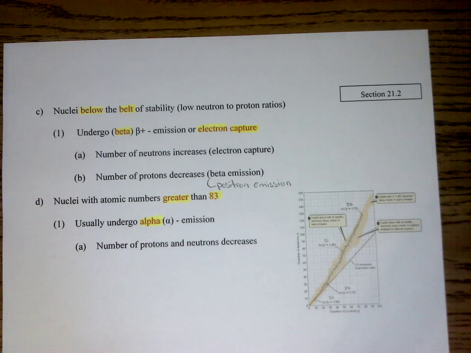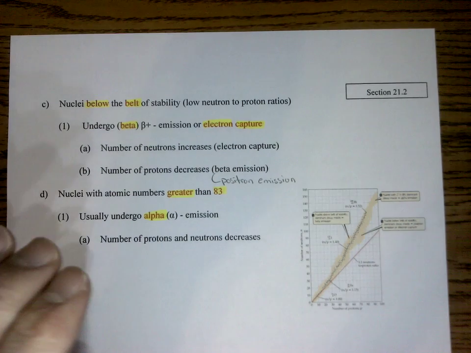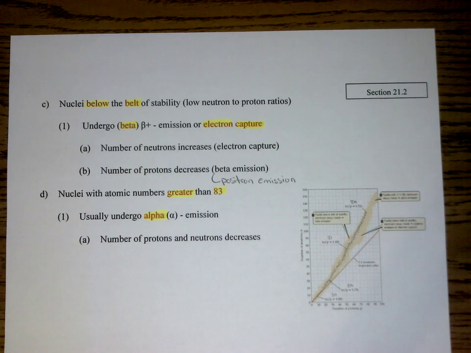Now, here's our big kicker. Nuclei with atomic numbers greater than 83 are going to undergo that alpha emission. The reason for this is that this is going to decrease the number of protons and neutrons the fastest.